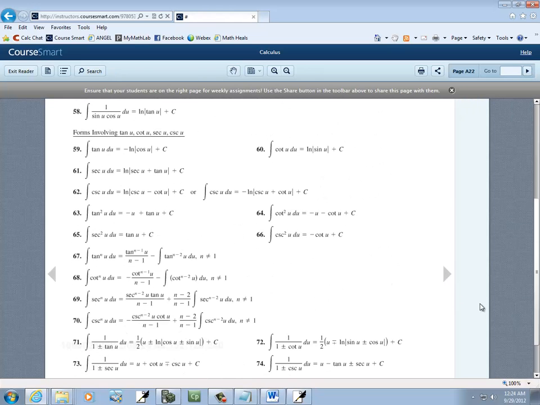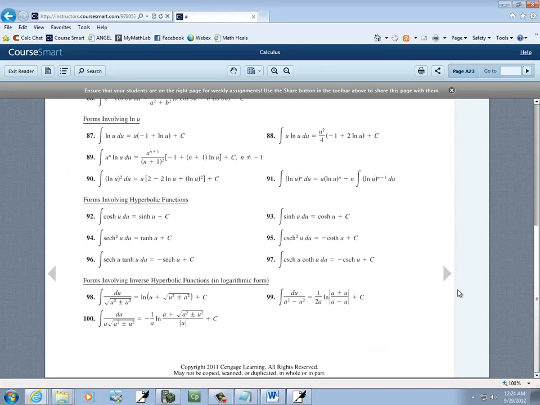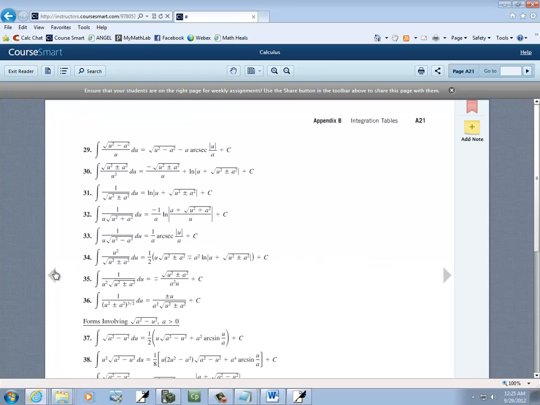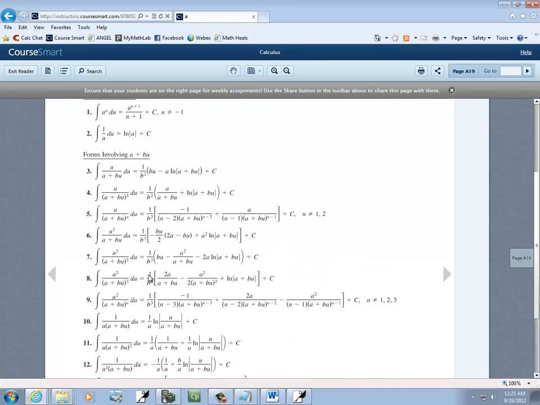Those obviously aren't going to work. Those are trig. Those won't work. These don't have any u squared out in front. Okay, well, go back to here.